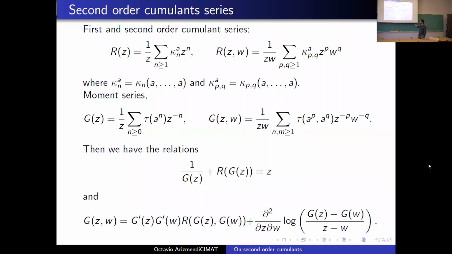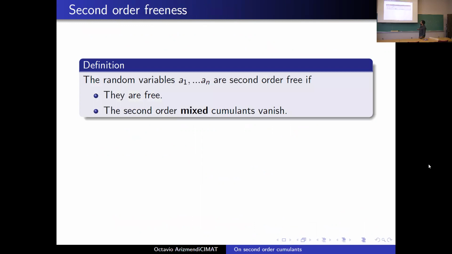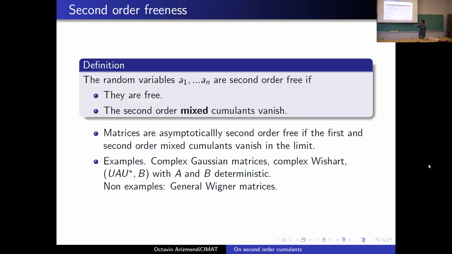And this is like the moment cumulant formula in a functional version. Okay. And the point, yes, is that we can try to do examples. And one thing that was mentioned in the last talk is that general Wigner matrices are not asymptotically second order free. Okay, so one should be careful.